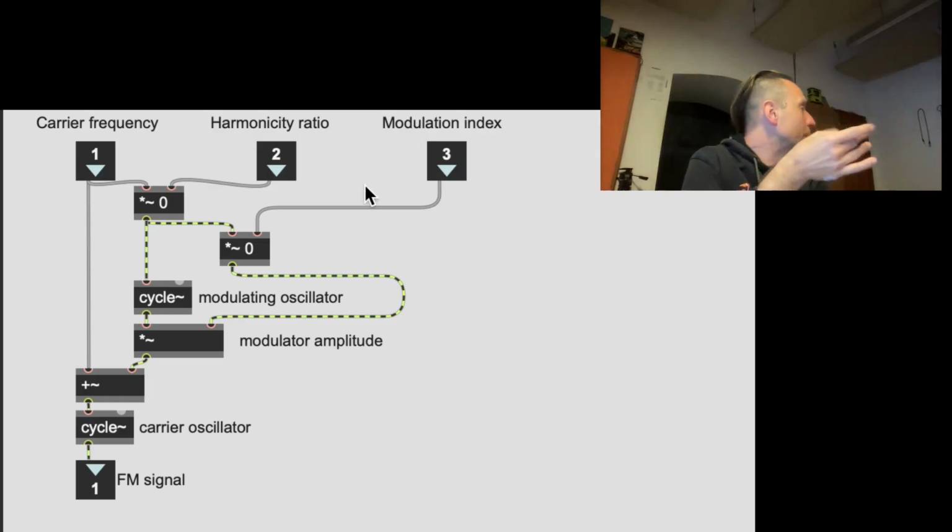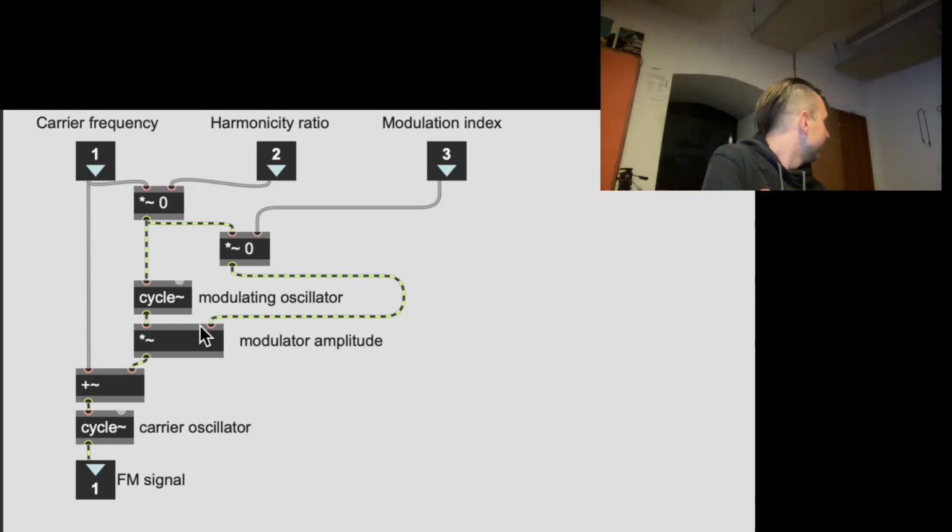It's a bit harder to explain why exactly, but the point is that if my carrier frequency increases and my harmonicity ratio increases, right, then the amplitude of the sidebands will change. So essentially, I am compensating for that. Okay? So this now is the more robust set of parameters for the same thing. We are still down to 2 oscillators in a frequency modulation configuration.